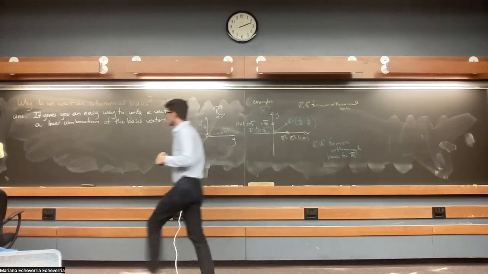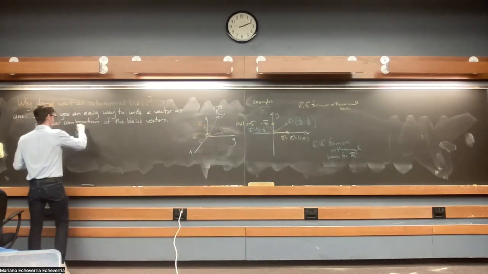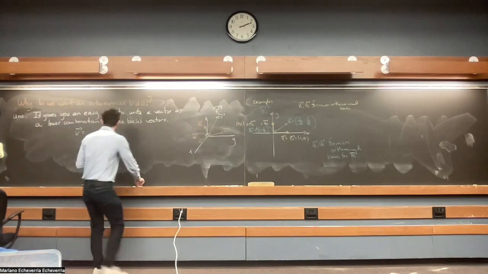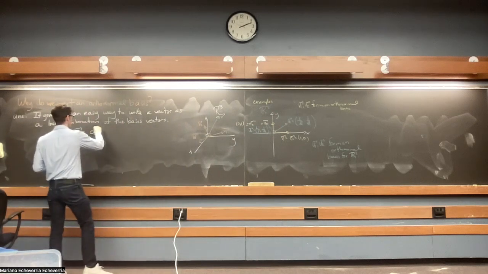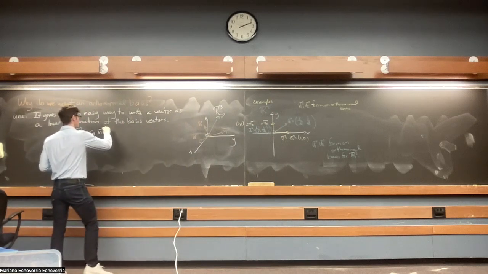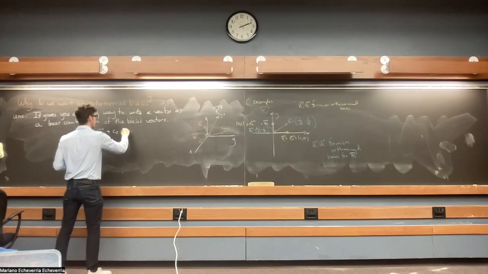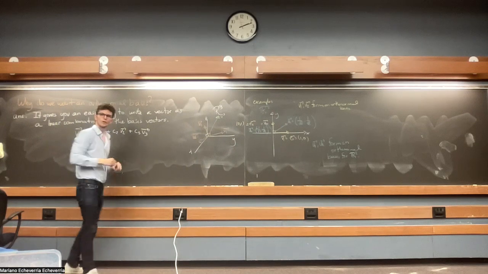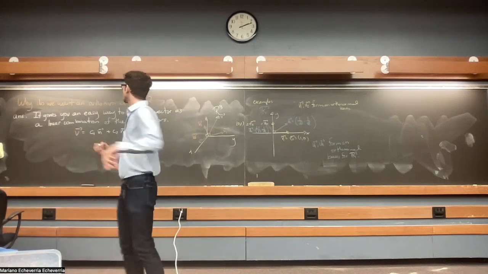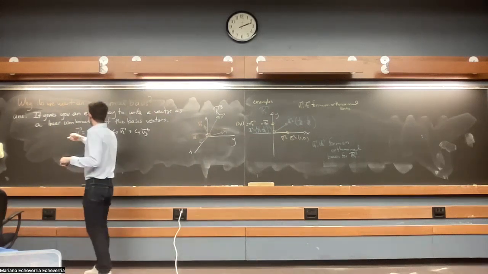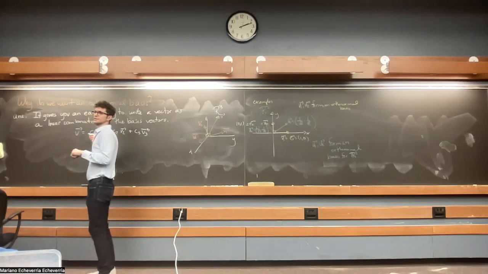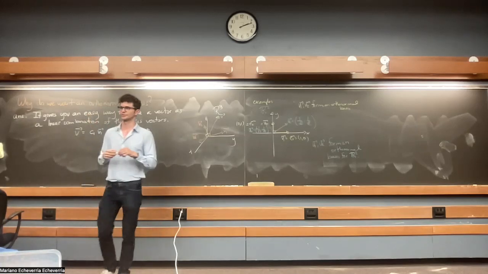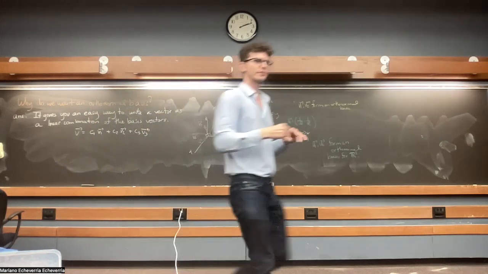So V is a coefficient times V1 plus a number times V2 plus a number times V3. That's what it means to say that the vector is a linear combination of the basis vectors, that it's just a sum of the basis vectors. Is that making sense so far?